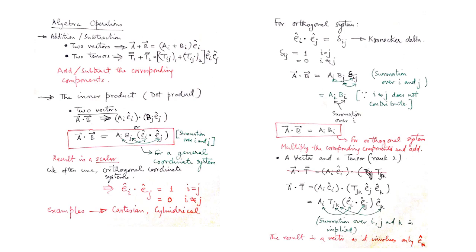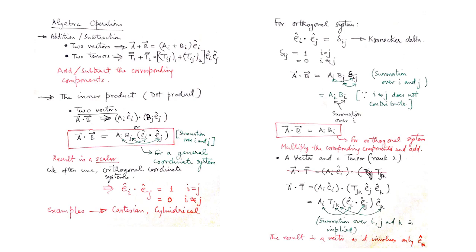Now coming to the dot product involving a vector and a tensor of rank 2. Again A dot T, now we can move a little faster because we are becoming familiar with indicial notation. So A dot T is equal to a_i e_i, which is the vector written using indicial notation, dotted with the tensor of rank 2, also written in indicial notation.